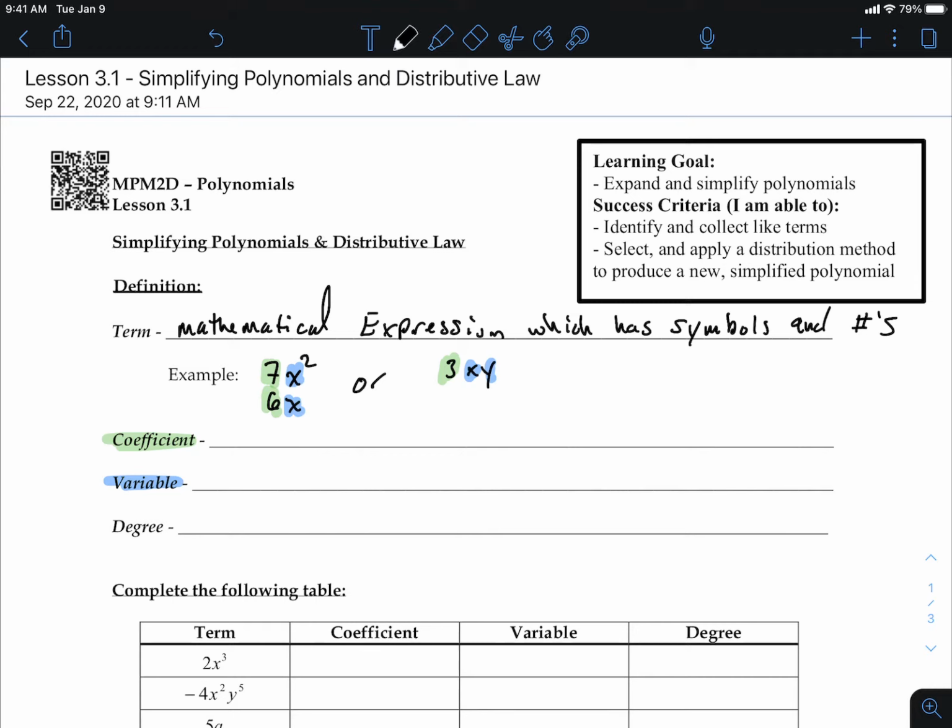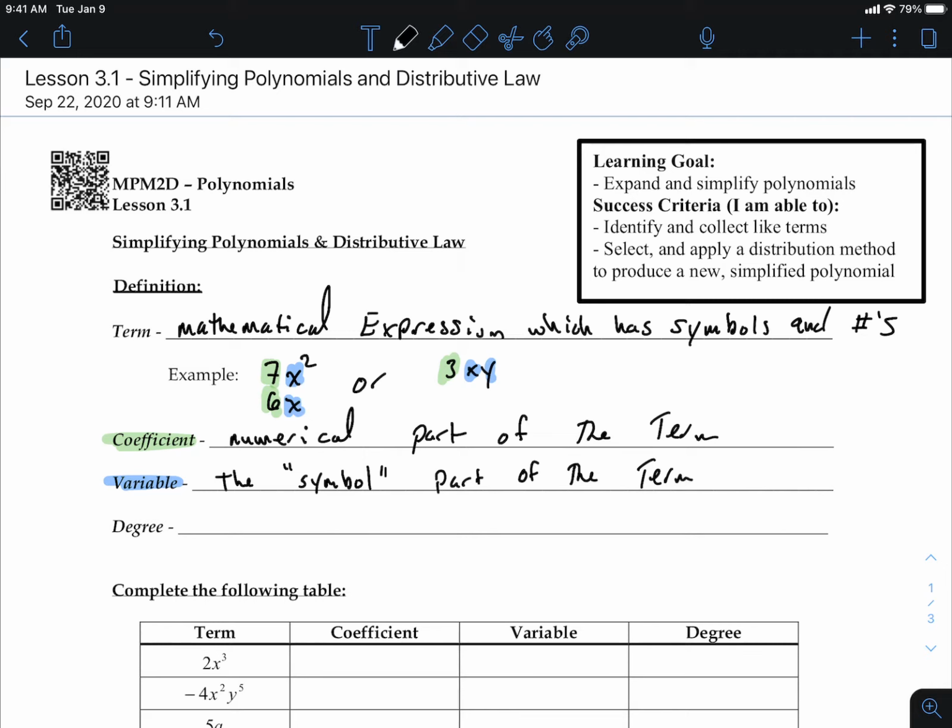That's basically, you could write that in any way you want. Then the variable is going to be the symbol part.